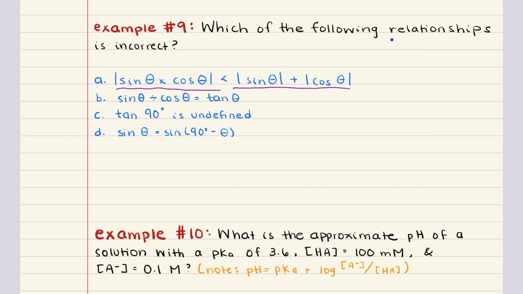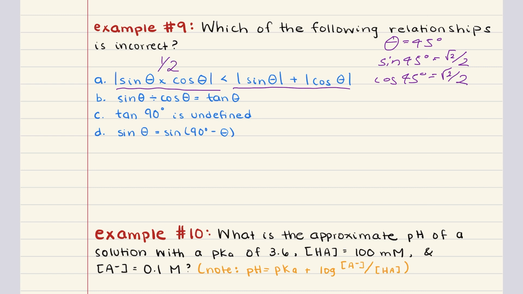We can demonstrate this with an example. Let's say that theta is equal to 45 degrees. Sine 45 degrees is equal to the square root of 2 divided by 2. And cosine 45 degrees is also equal to the square root of 2 divided by 2. The product of sine 45 with cosine 45, that's going to be equal to 1 over 2.